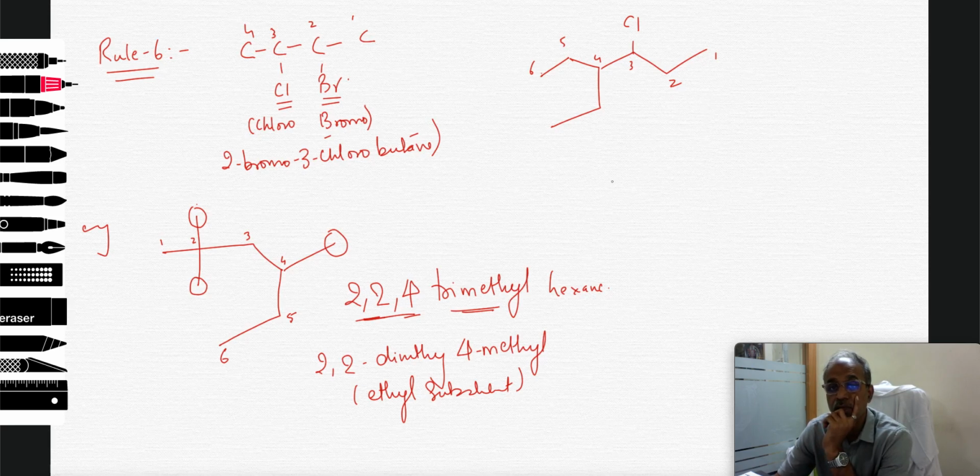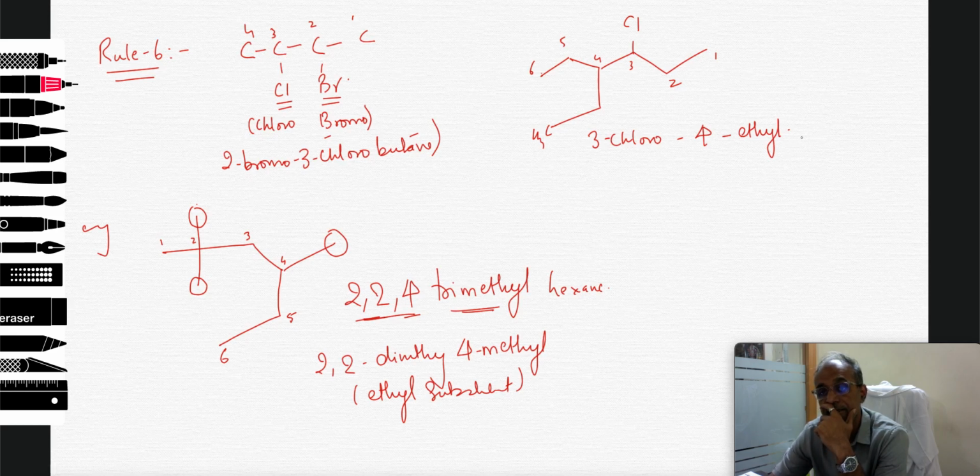Then I can say 3, 4. This is 2 carbons, that means this is ethyl, CH3CH2. 2 carbons means ethyl, 4-ethylhexane.